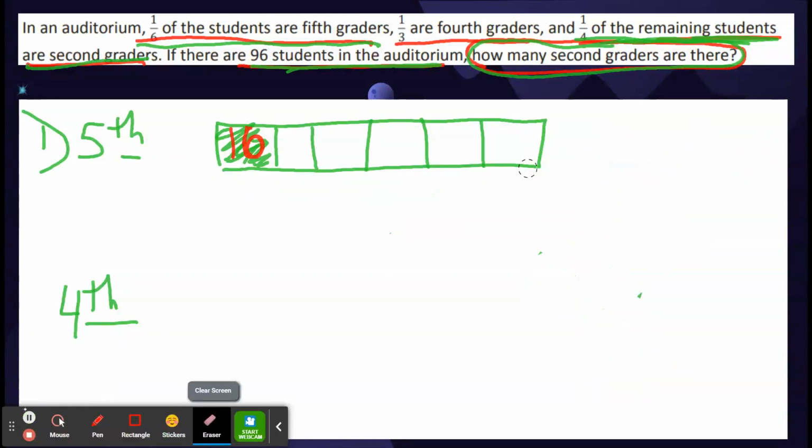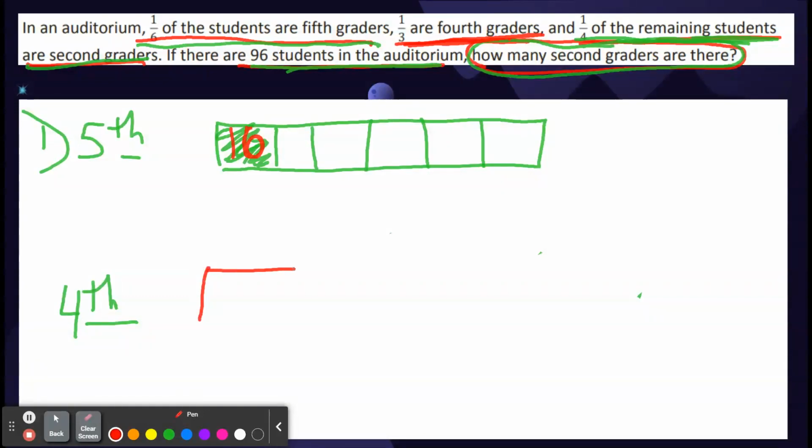Okay, so now let's go ahead and find out how many fourth graders I have. If I look at this second part right here, 1/3 are fourth graders. So I'm going to draw my whole and separate it into 3 equal parts.